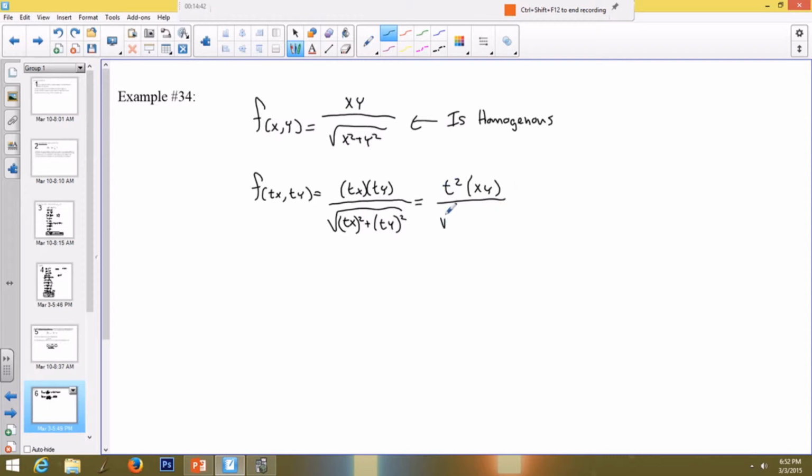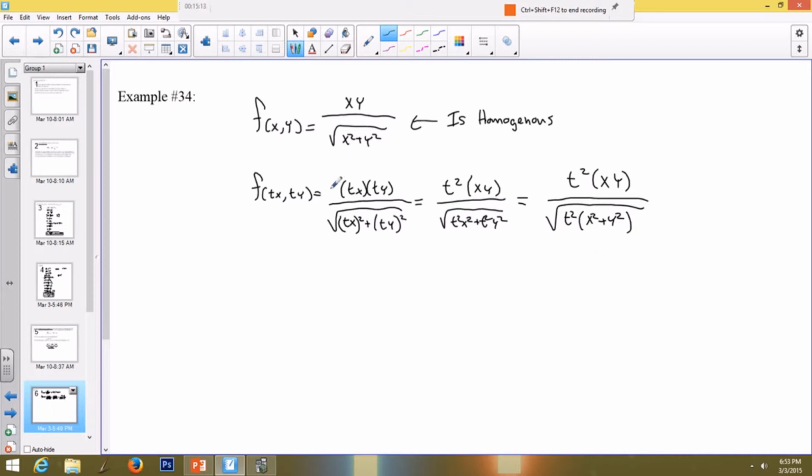And then I've got t squared x squared plus t squared y squared. When I square both of those, that's good. And I can factor out from both of these two terms t squared. So on my top, which doesn't change yet, I have t squared xy, and then I'm going to have the square root of t squared times x squared plus y squared.